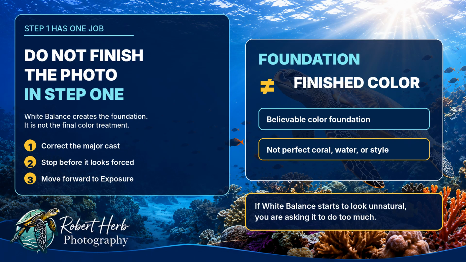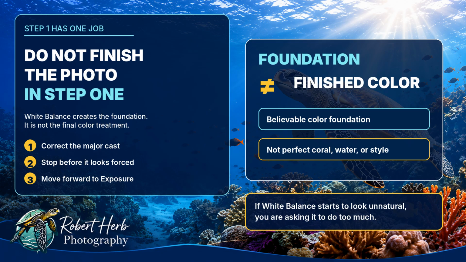This is where many underwater photographers overwork the first step. They correct the blue or green cast, the image starts to look better, and then they keep pushing temperature and tint, trying to finish the entire photograph with white balance. That is when the image can start to look unnatural. The sand may become too warm. The water may shift in the wrong direction.